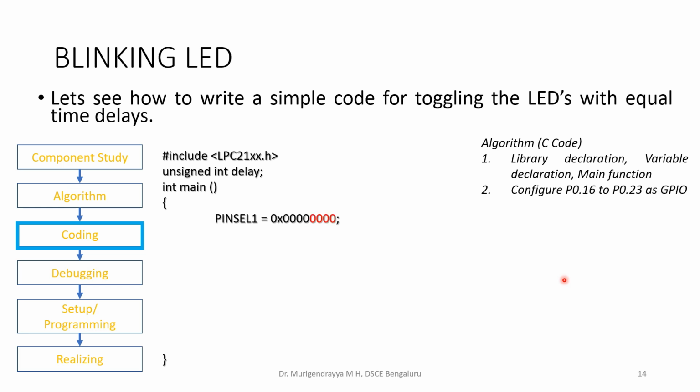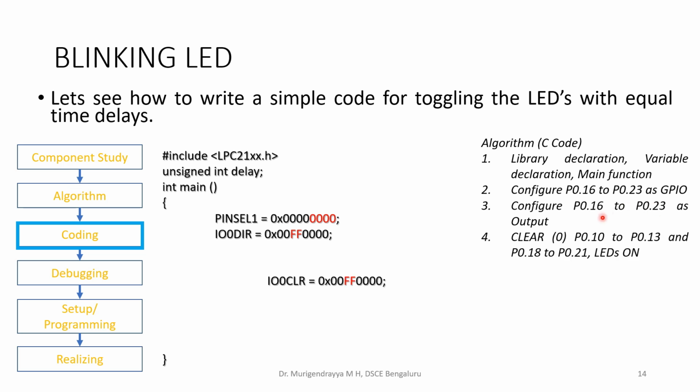The next step is to configure the pins connected to the LED as GPIO. Then we configure the direction of the pins as output: the respective bit 16 to bit 23 should be 1. Then only will pin 16 to pin 23 of port 0 be configured as output pins.